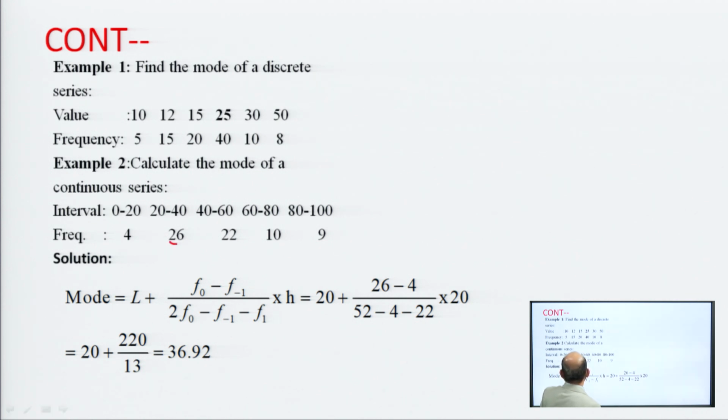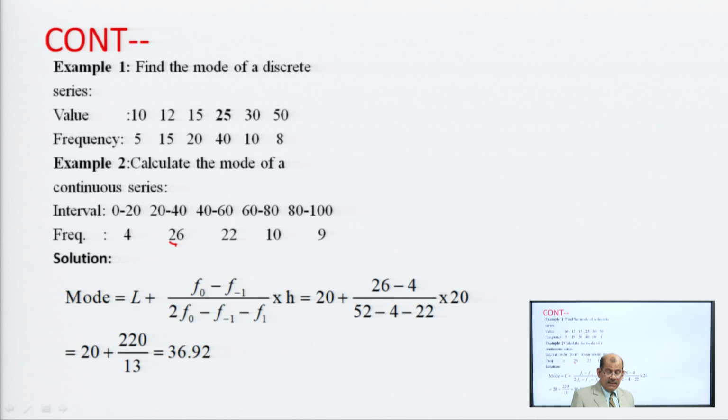The lower limit of the modal class is 20. f0 is 26, f minus 1 is the previous frequency, 4, and f1 is 22. So it is (26 minus 4) divided by (2 into 26 minus 4 minus 22), that is 52 minus 4 minus 22, into the length of interval, 20.